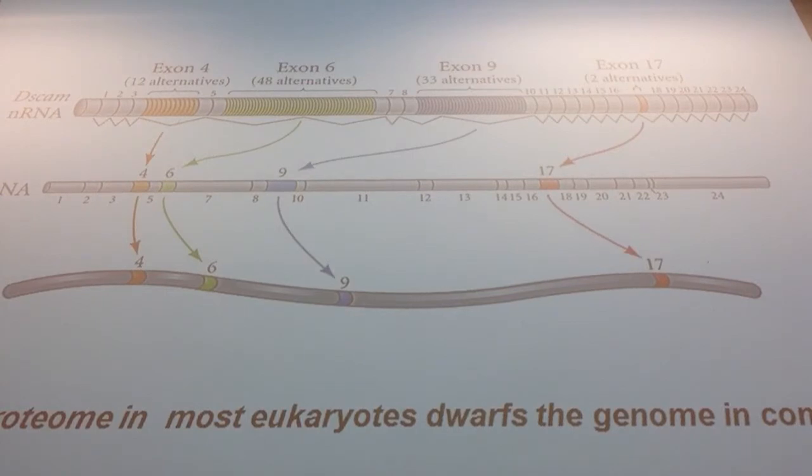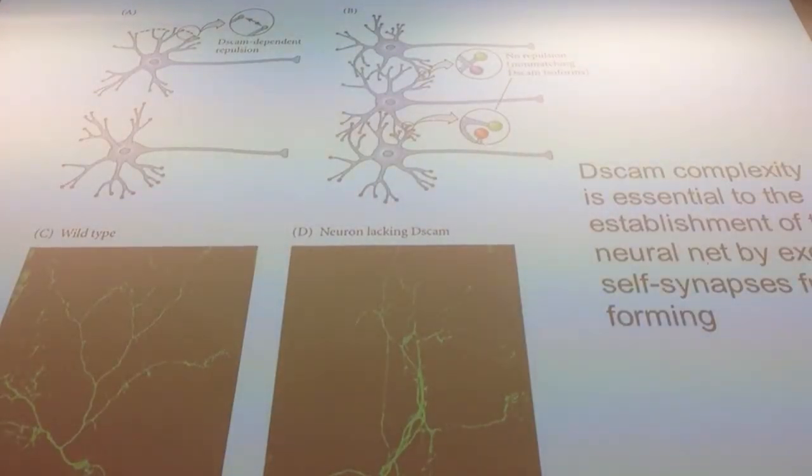The question should be, why? Why would you want 38,000 versions of this one gene, which all it does is help two cells interact? So why do you think that is? Which two cells need to interact? So cell-to-cell specificity in terms of interaction, right? Especially when you talk about neurons. You have however many millions of neurons in your body, in your brain.